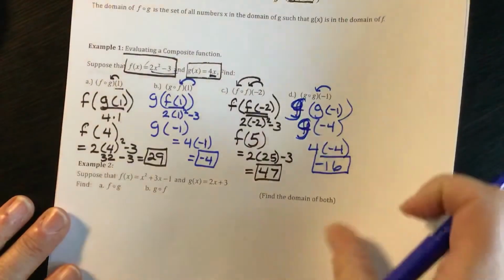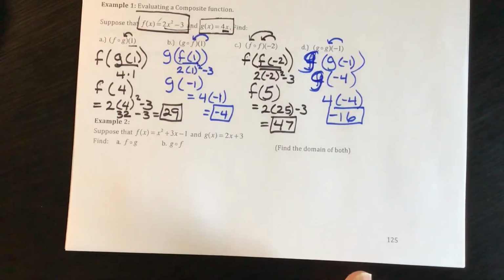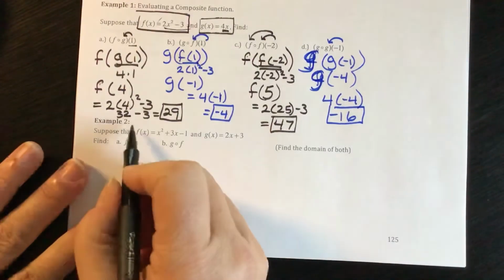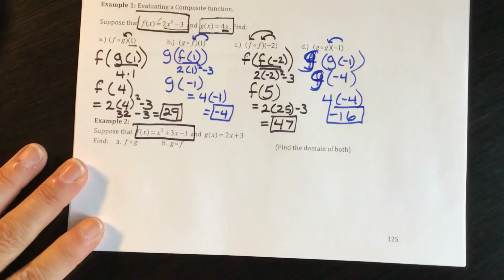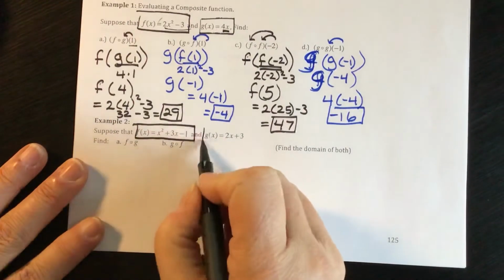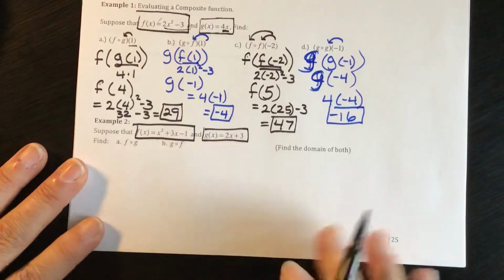All right, so looking at example 2, now we're going to look at the domain a little bit here. I have an f function, which is defined by x squared plus 3x minus 1, and a g function, which is defined by 2x plus 3.